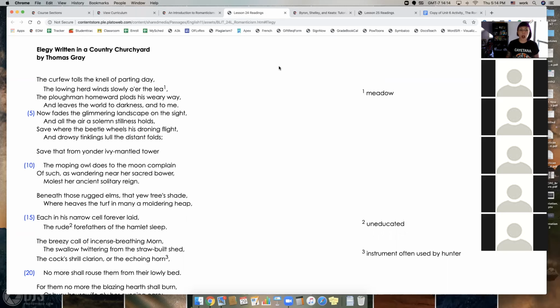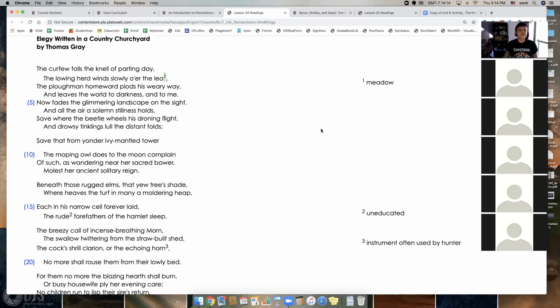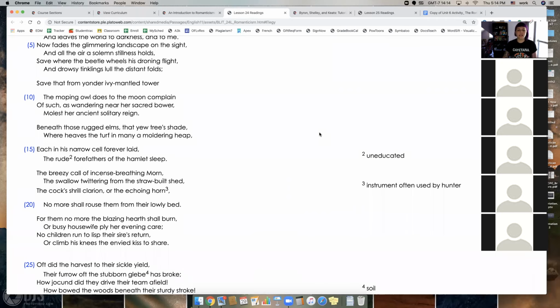I want you to try reading the poems, because you're not going to get better at understanding some of this really hard language if you don't give it those tries. So just read it. If you don't understand all of it, that's okay, but just try. And then you'll also notice that you have these little footnote indicators, and they're over on the side, so it'll be easier to find.